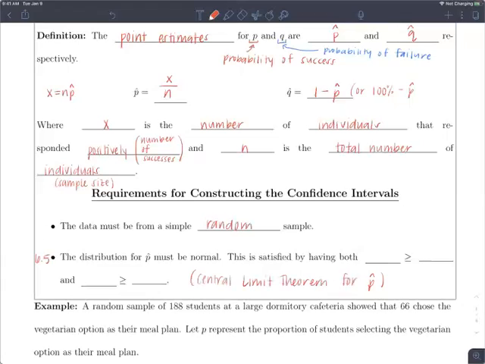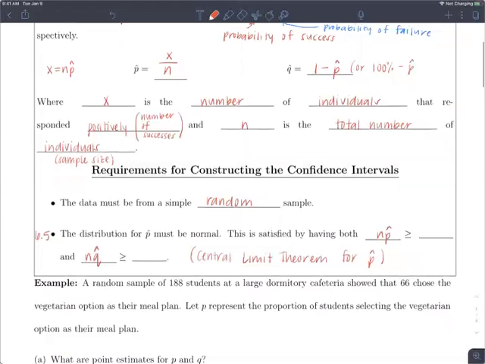So you need to check that N times P hat and N times Q hat are both bigger than a certain number. Do you remember what number? 30? Not 30, that's if you're dealing with X bar and mu. But when you're dealing with P, what number is it? Oh yeah, it's 10. I guess you could use 30, you're just giving yourself more restrictions. But for the problems, we're going to focus on 10.